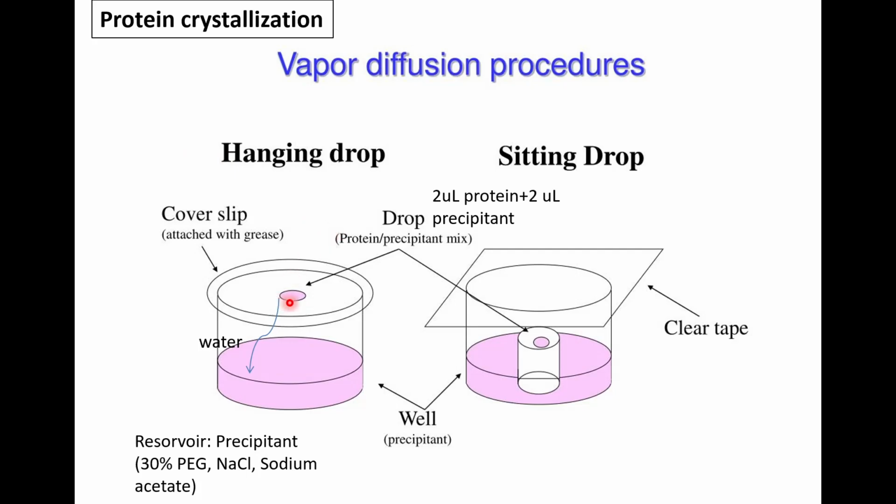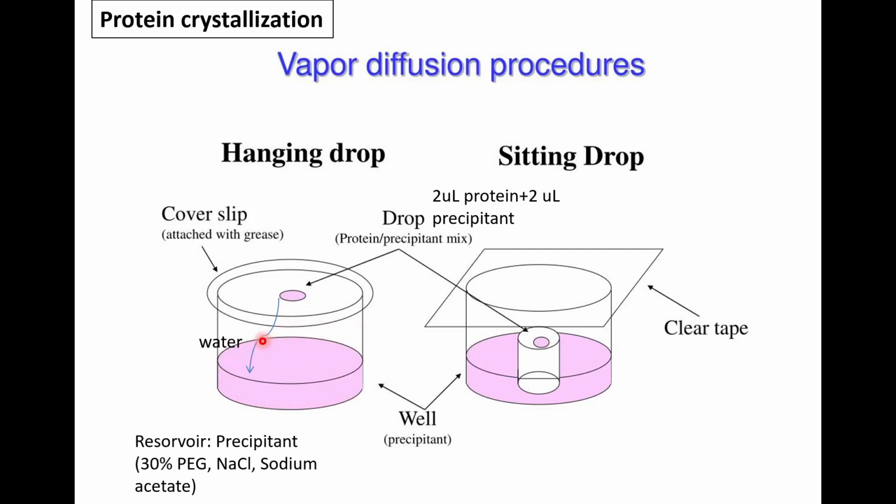First, let us understand the hanging drop method. In the hanging drop method you have a cover slip and you have a reservoir. This reservoir has a lot of precipitant solution.